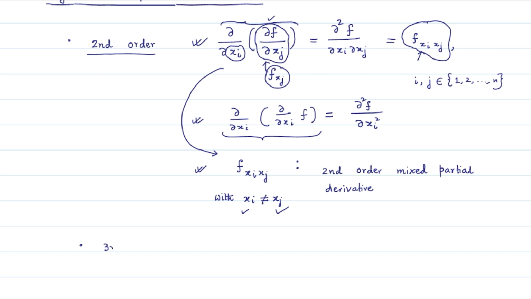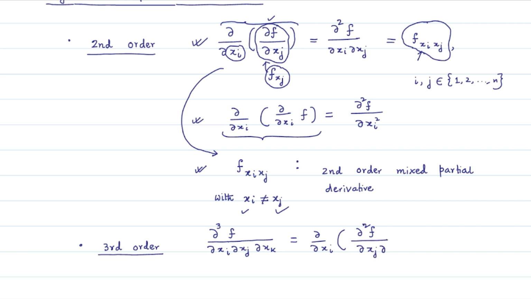For third order partial derivatives, we use the notation del 3 over del xi del xj del xk of the function f, which is del xi of del 2 f over del xj del xk.